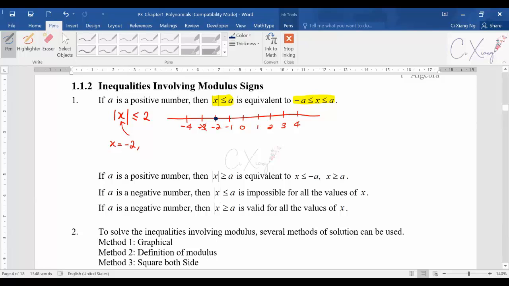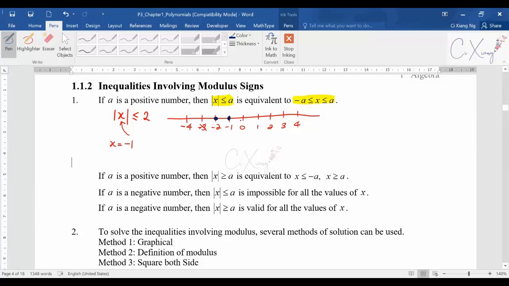Next, you can try negative 1. The modulus of negative 1 is 1, and 1 is smaller than or equal to 2, so this is still true. Negative 1 is part of your answer.